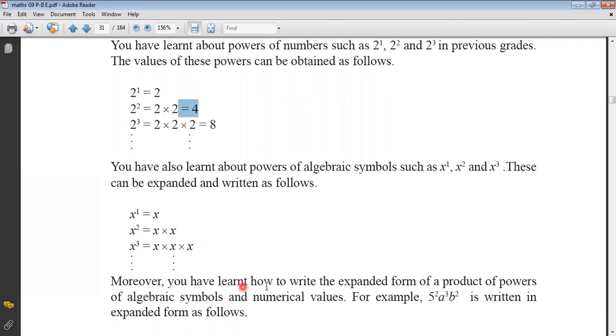Moreover, you have learned how to write the expanded form of a product of powers of algebraic symbols and numerical values. For example, the second power of 5, the third power of A and the second power of B are written in expanded form as follows.